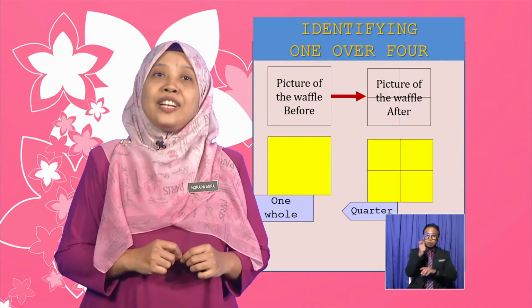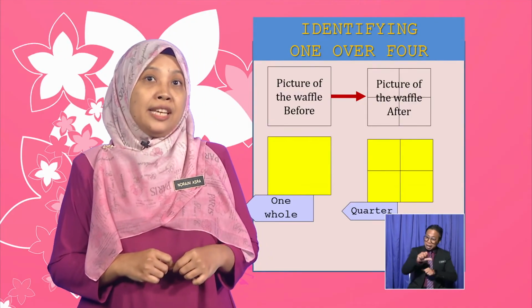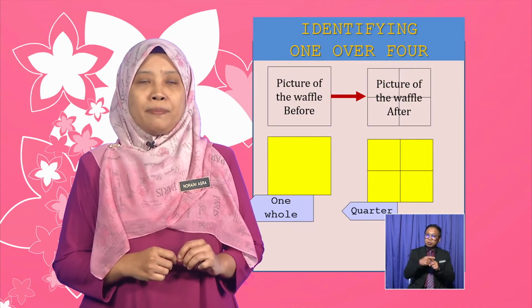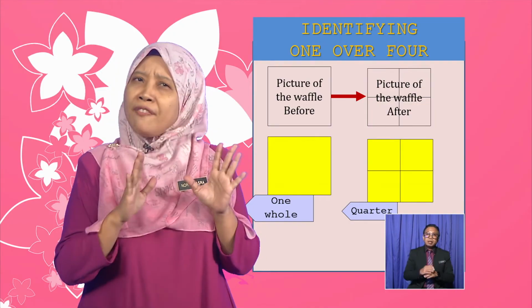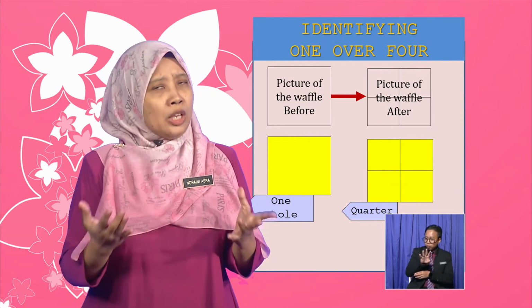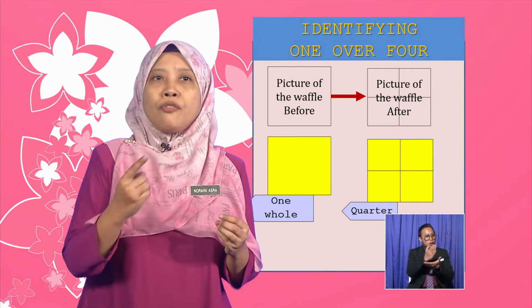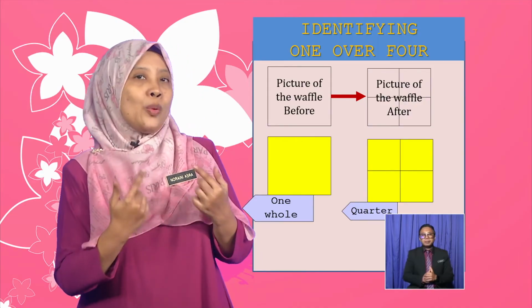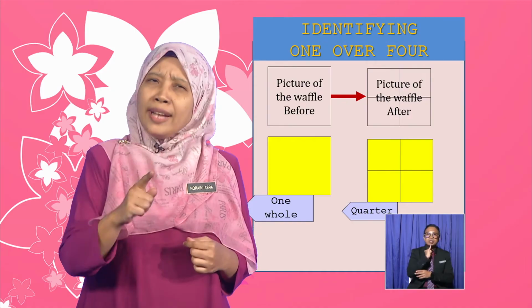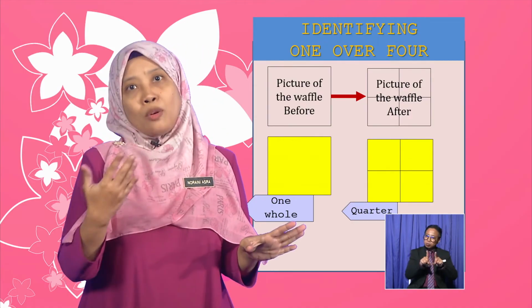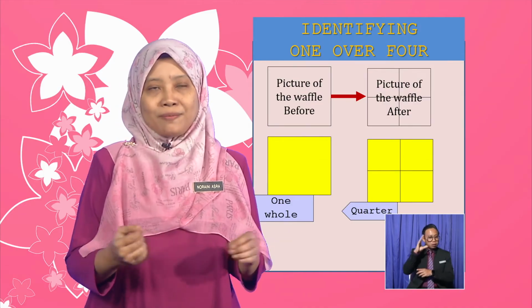During the waffle cutting activity, you are introduced to a quarter. Then, you have learnt about 1/4 equal parts during the folding paper activity. My question is, what is the relation between quarter and 1/4?